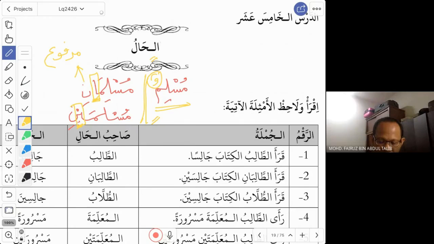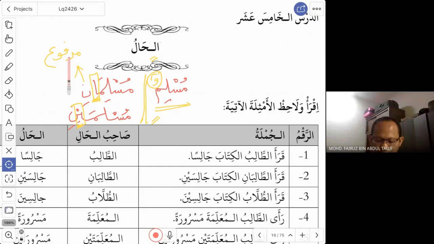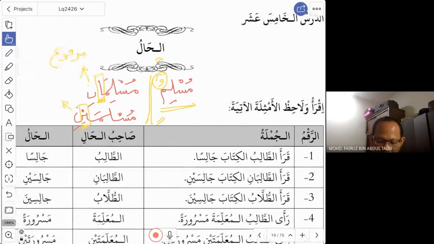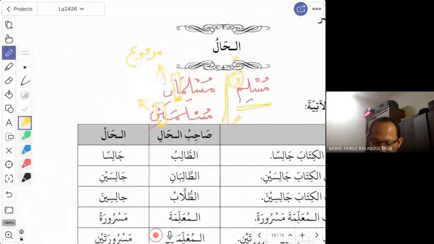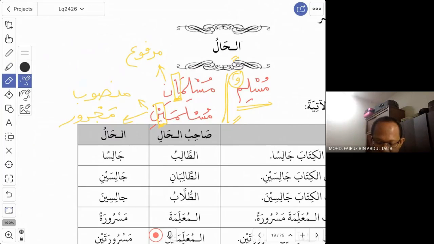So when do you use Muslimaini? Since the alif is for marfu, the ya version will be for the other two, which means mansub and also majrur.